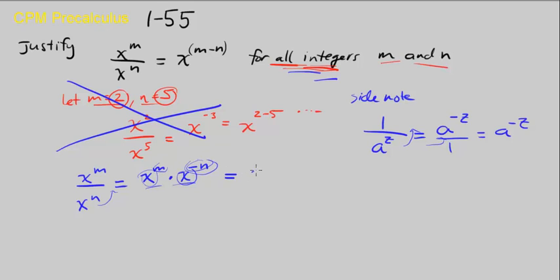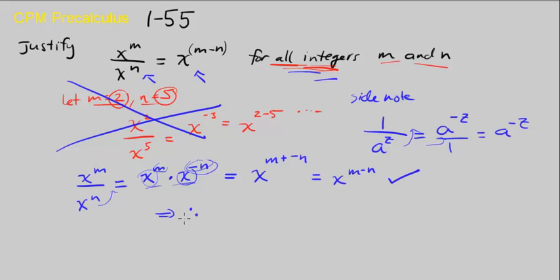So that's equal to the same base to the m plus negative n power, and that's equal to x to the m minus n power, because plus negative is the same thing as minus, right?